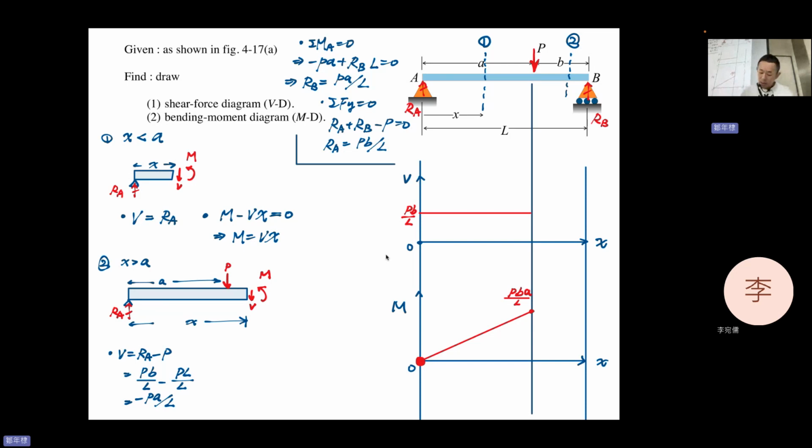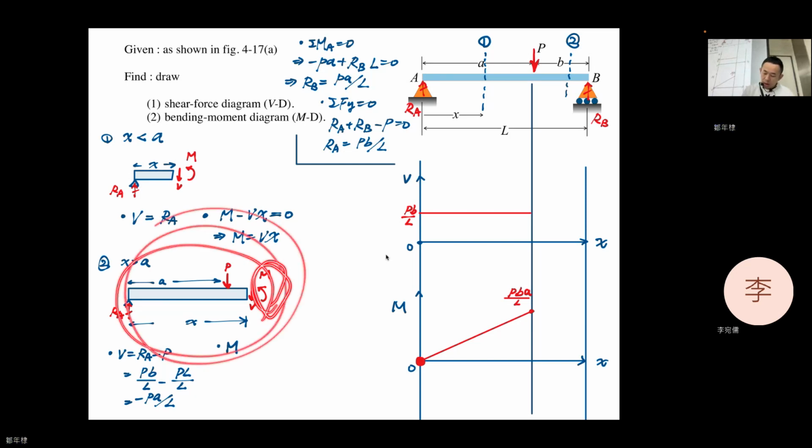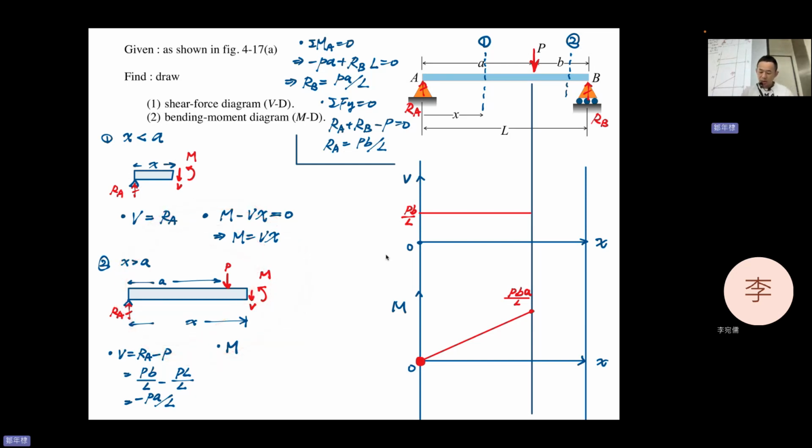Next one, I'm going to do the moment balance. This is counterclockwise, so positive. So positive and minus Vx. Oh, minus PA, okay? You can guess which point will be our origin.